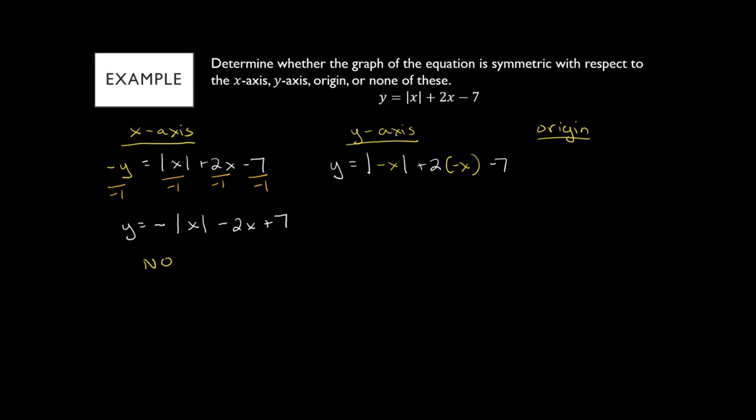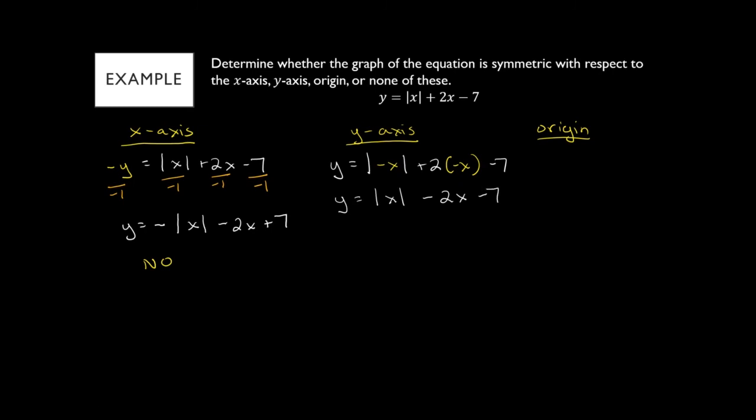And then minus 7. So we've got multiple things to simplify here. We've got the absolute value of negative x. We've seen that before. That negative cancels, and we're left with just the absolute value of x. Then we've got 2 times negative x, so that's negative 2x, and then minus 7.